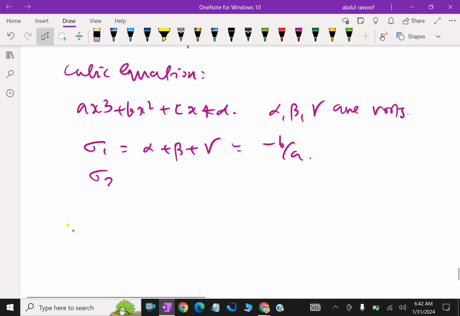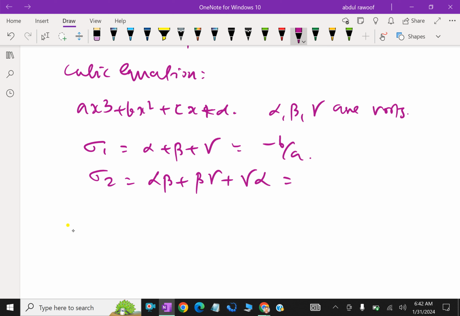Then sigma 2 is alpha beta plus beta gamma plus gamma alpha equal to c by a.